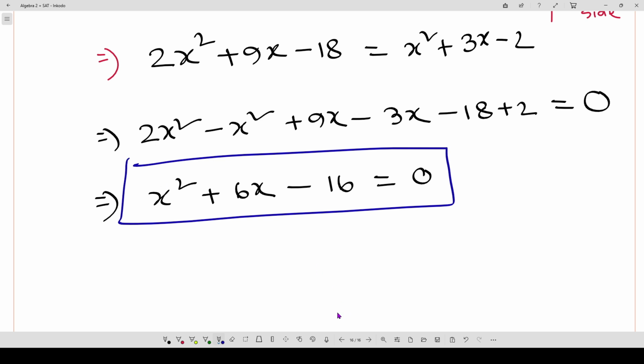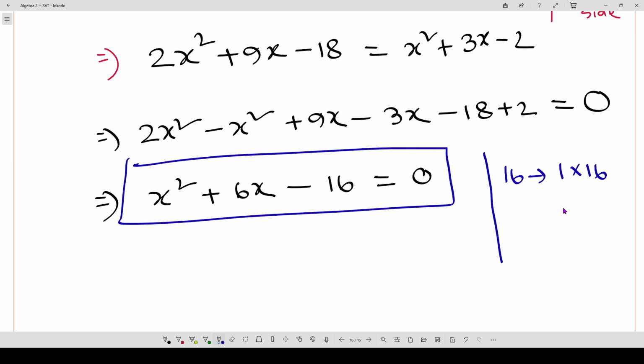We can factorize this, but before that we have to find the factors of 16. 1 times 16 is 16, but 16 minus 1 is not 6. So we have to find the pair which, when multiplied, gives 16, and when added, gives 6.